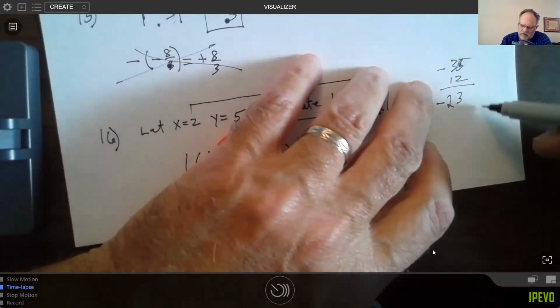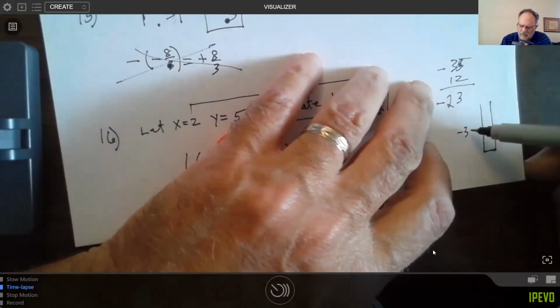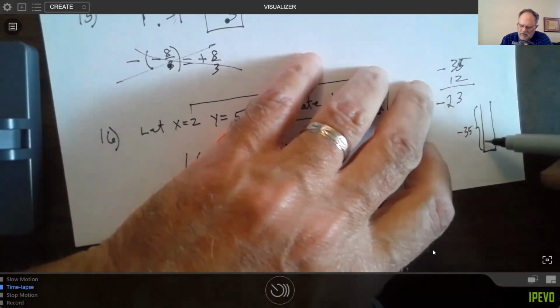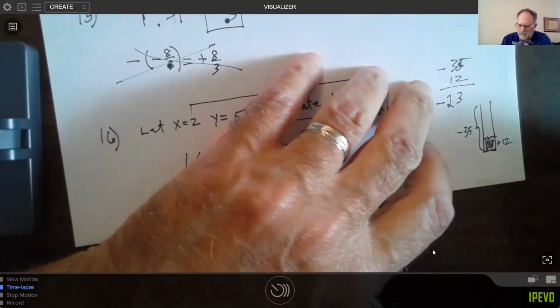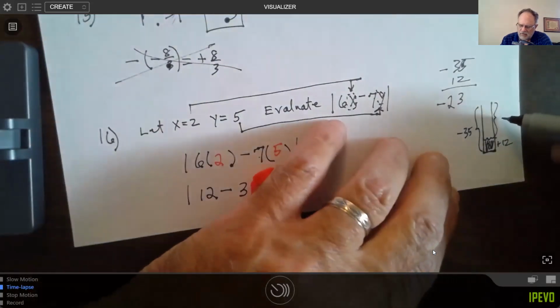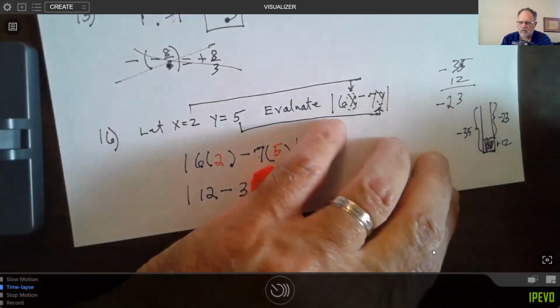So another way to look at this is, let's say we dig a hole 35 inches down. And then let's say we cover up, we put dirt back in. We put 12 inches of dirt back in. Well, what's left? That's 23. So we're still negative 23 in the hole.